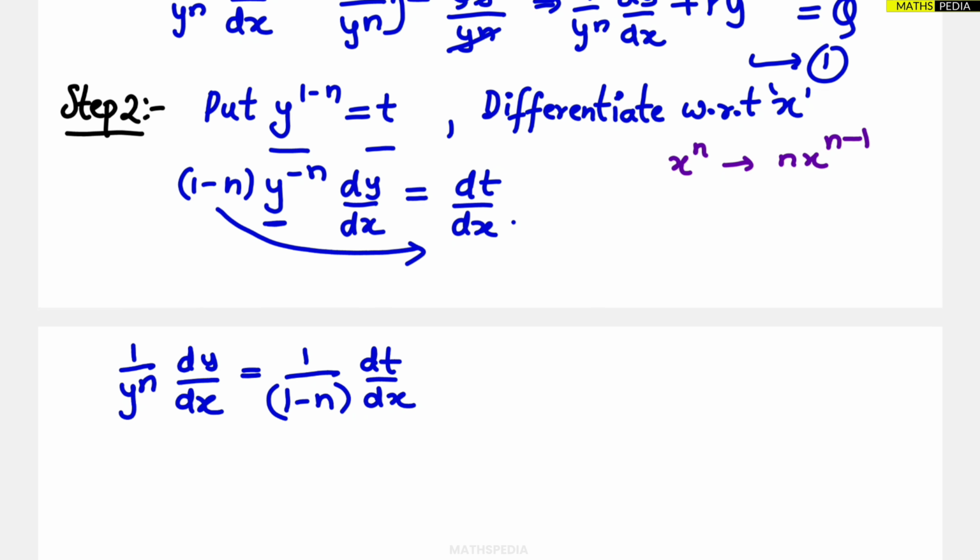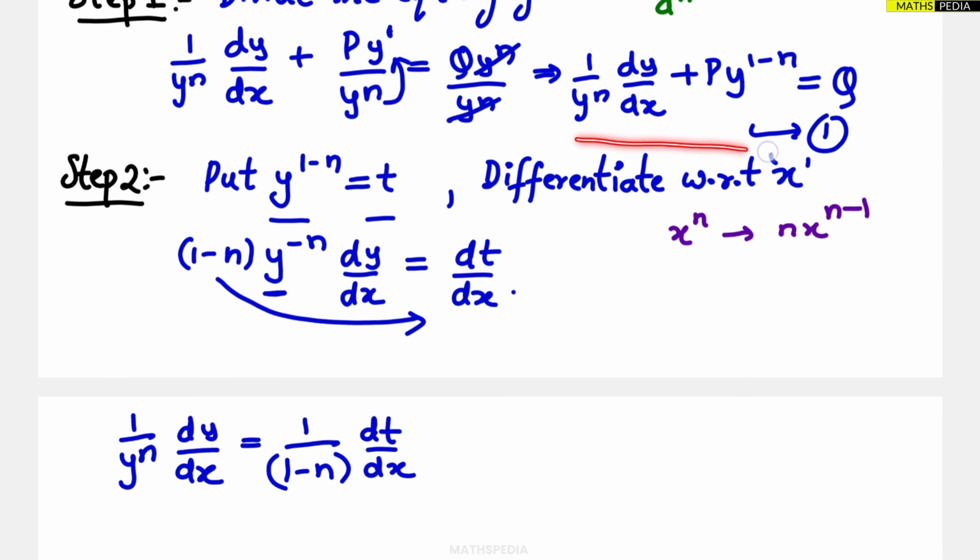So what's the use of doing this? If we compare with the first equation, you observe that this part, 1 by y power n dy by dx, is the same as this part, right? So I am simplifying that particular equation because I want to substitute over there. That's why.